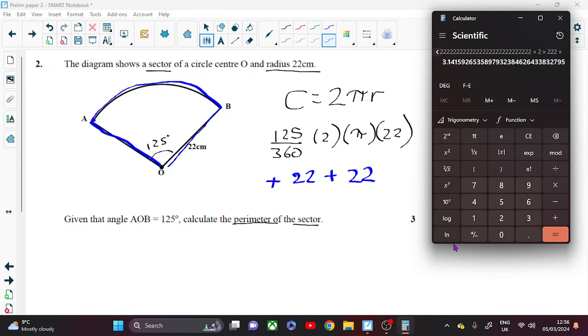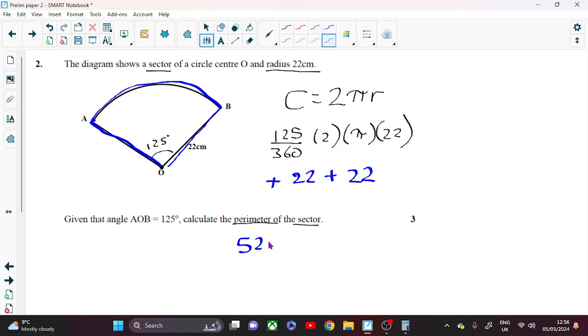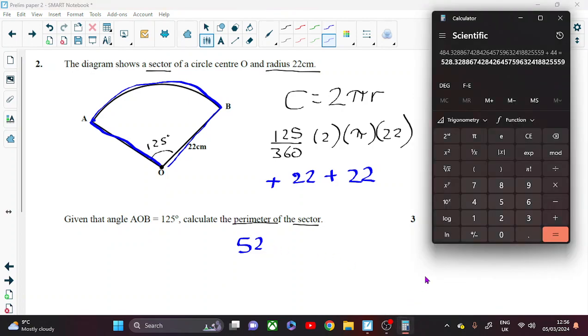Right, I have got my value and I'm going to add my 22 and 22, so 44. So I get a total of 528.32.